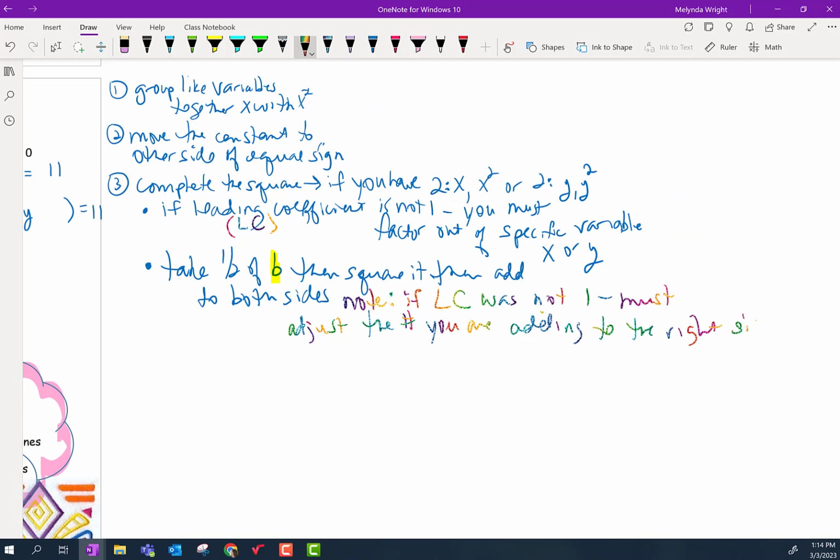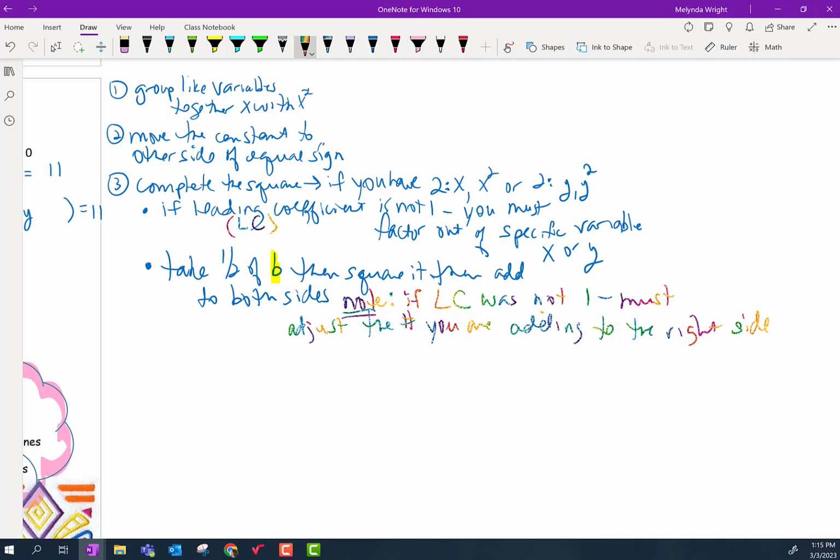And I'm going to show you that in just a moment. So take half of b, then square it, then add it to both sides. Note, the leading coefficient was not 1 and you had to factor it out. You have to adjust the number you're adding to the other side. You may or may not remember this from last year, but we're going to practice it.